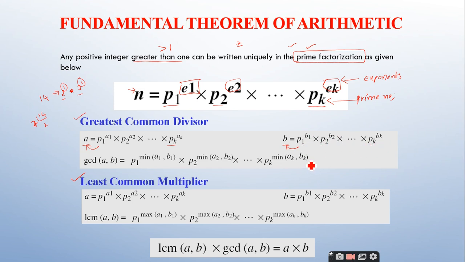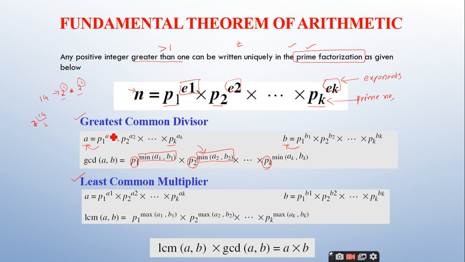In order to find the GCD of A and B, you take the common prime numbers, that is P1, P2 up to Pk, and the exponent of each prime becomes the minimum of the two exponents. The exponent of P1 becomes the minimum of A1 and B1, and the exponent of P2 becomes the minimum of A2 and B2. So you make use of a minimum function here.